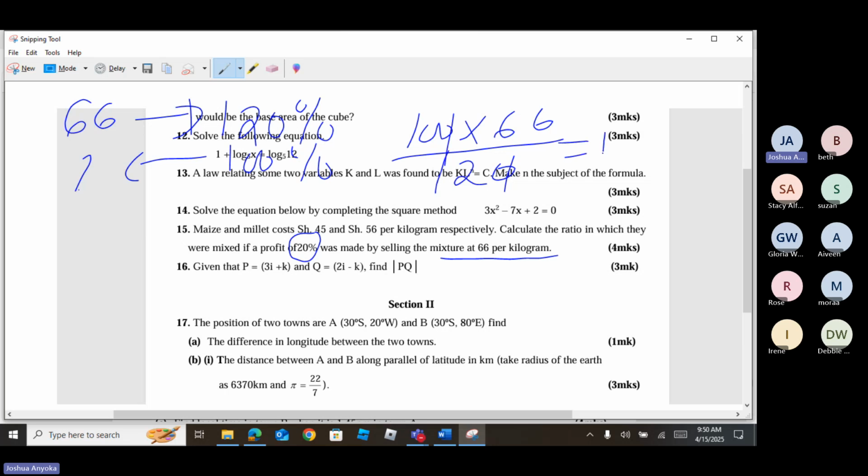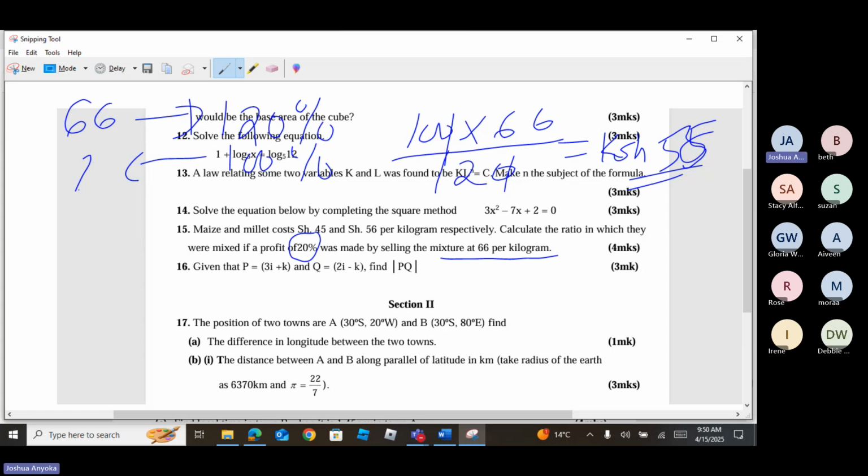What is the answer? 55. Exactly 55. Yes, that is now the cost of the mixture, which is 100%.